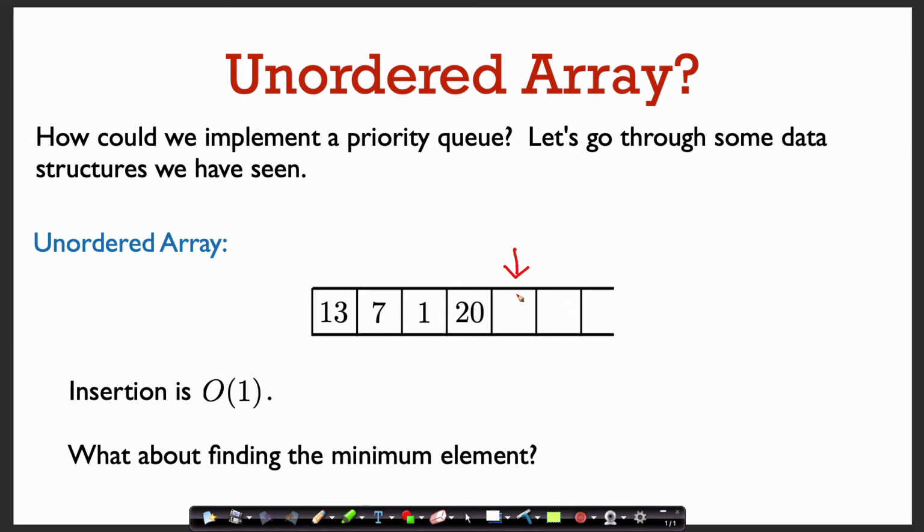Okay, so that's going to take time proportional to the number of elements in the array. If we have n elements, then that's going to take omega of n time. And that's not good for us, right? We're looking for something much, much faster than that. Okay, so an unordered array is not going to work well.